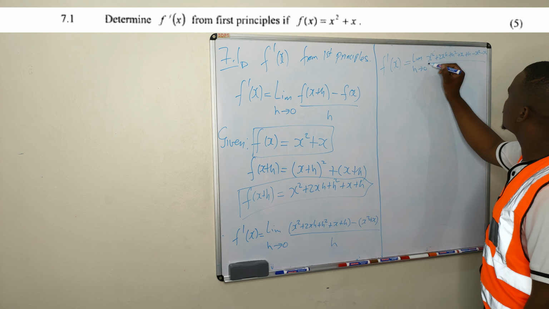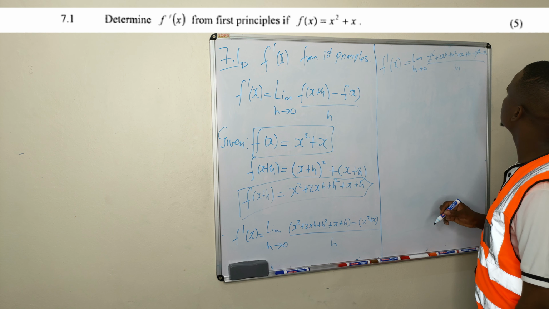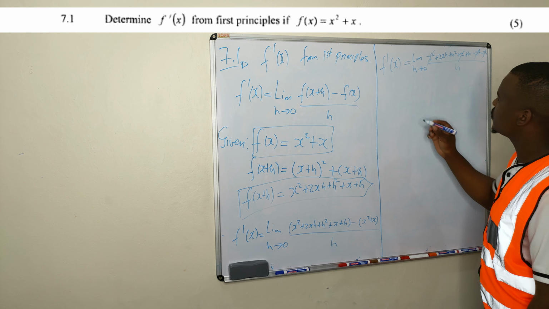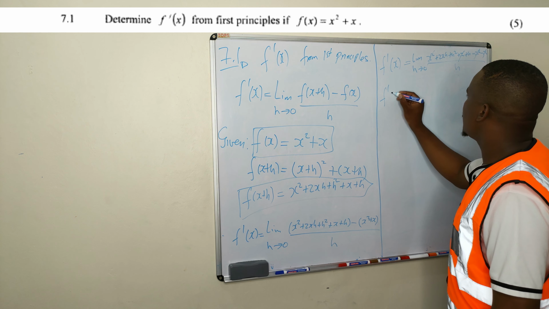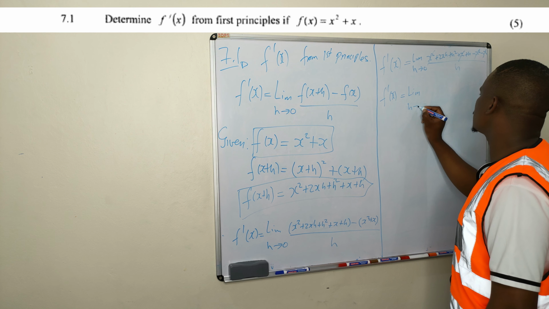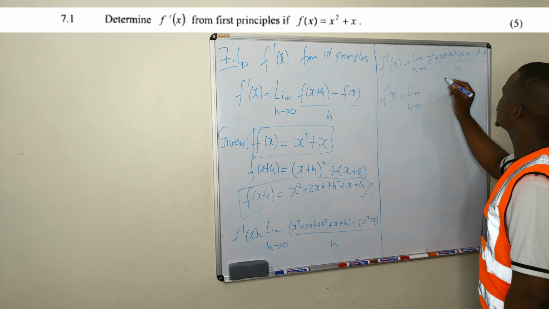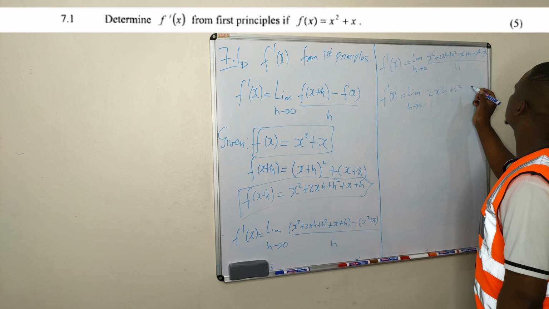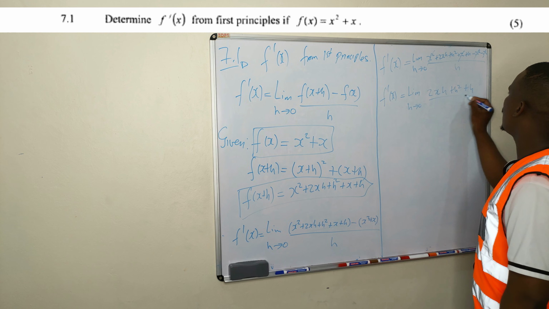Like terms, this and this one cancel out. This one and this one cancel out. What are we left with? We're left with f prime at x is equal to the limit as h goes to 0 of 2xh plus h squared plus h all over h.